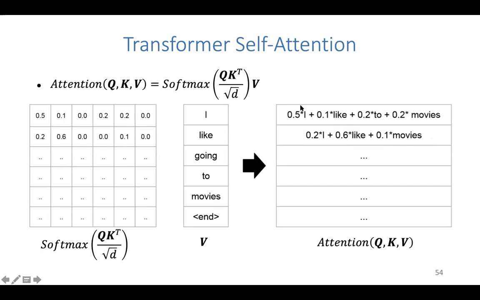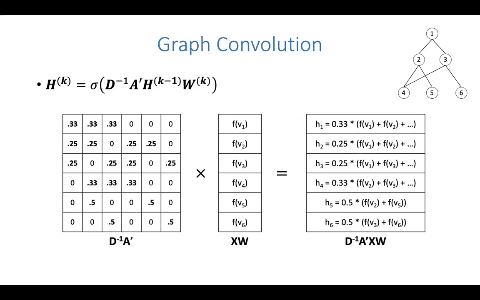So this is self-attention. And graph convolution, hopefully everybody's familiar with the graph convolution formulation. A single graph convolution layer consists of D inverse A prime, which is the normalized adjacency matrix, and XW, which is the node embedding.